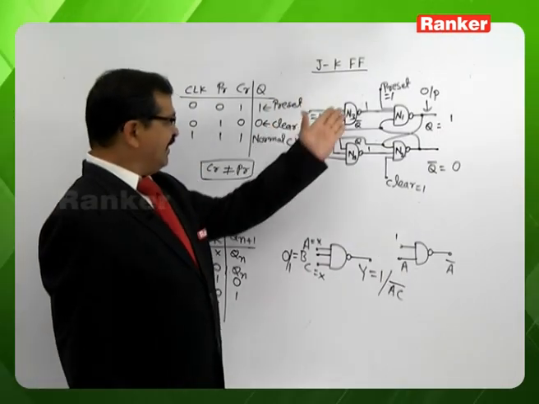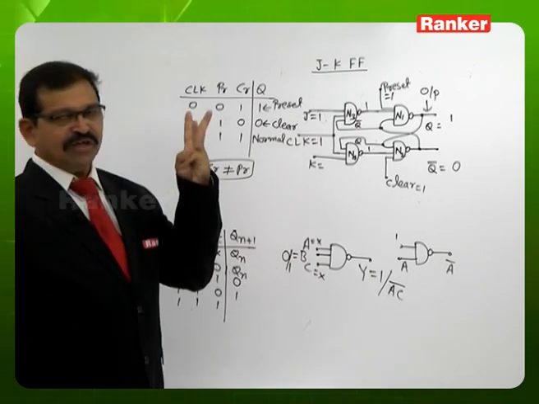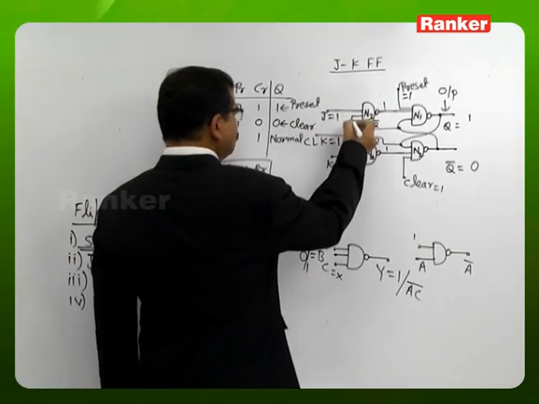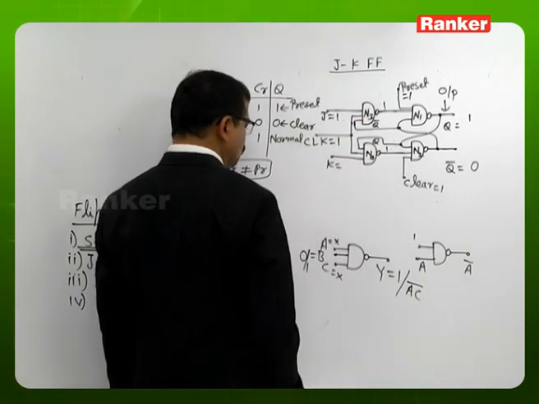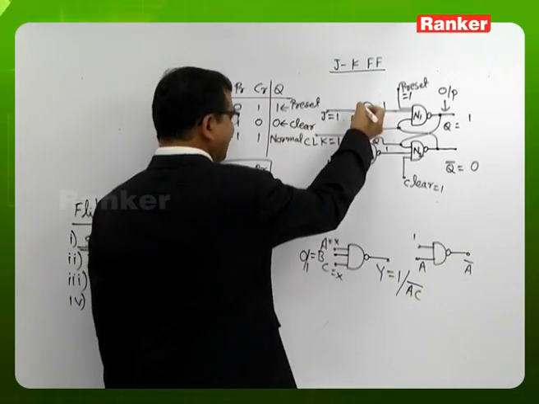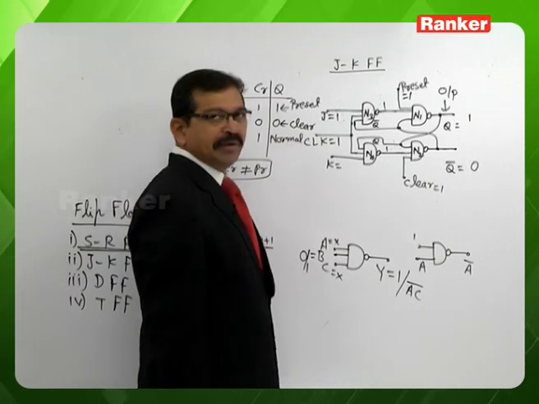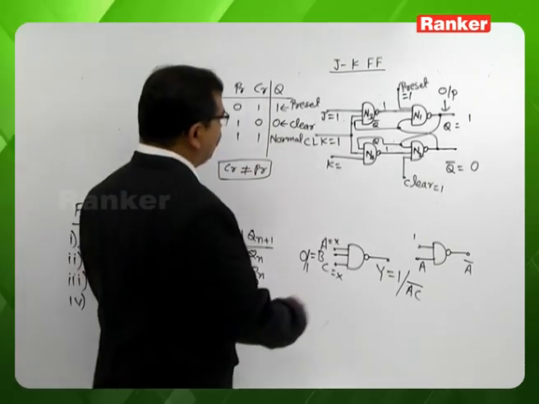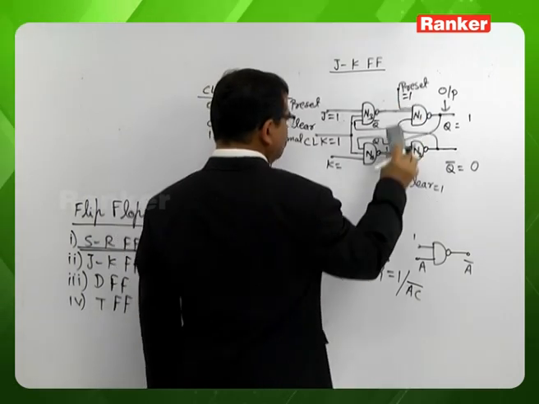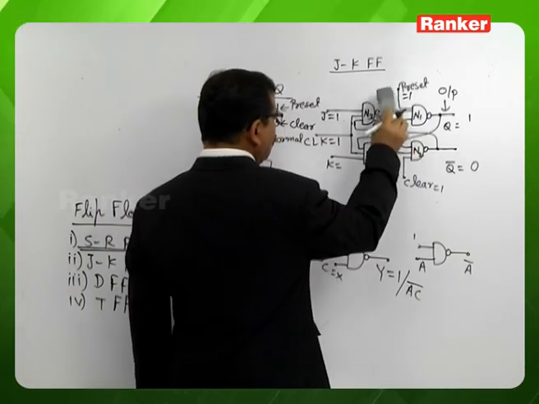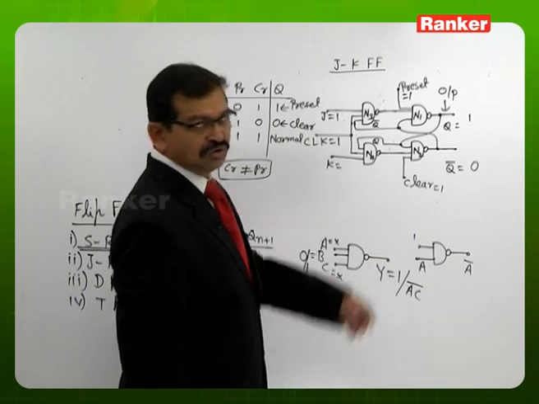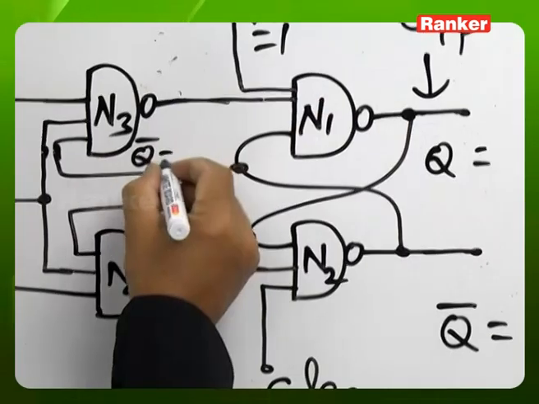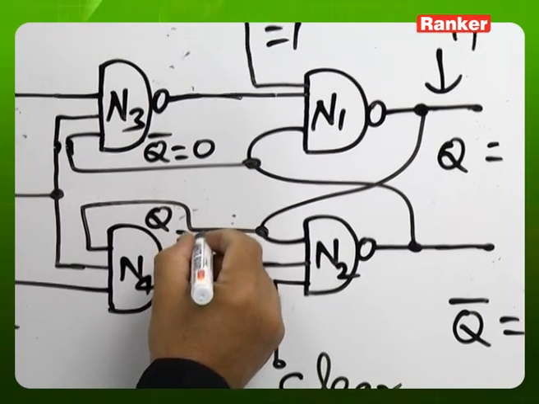for gates N3 and N4, out of 3 inputs, 2 inputs are 1. If 2 of the 3 inputs are 1, then the N3 and N4 outputs depend upon the third input. The third input of gate N3 is Q complement, and the third input of gate N4 is Q. Based on our assignment, Q complement is 0 and Q is 1.